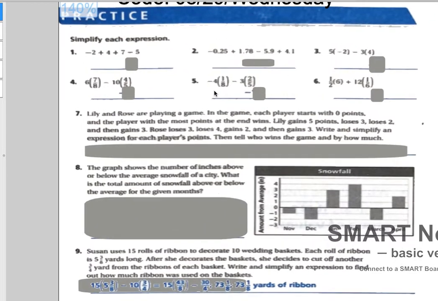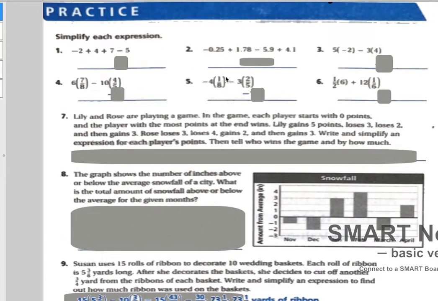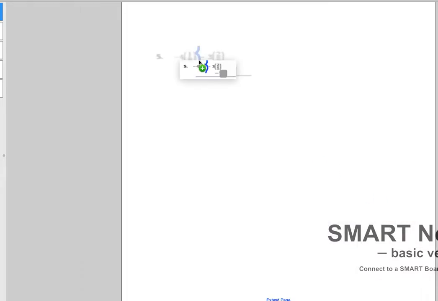So we have -4 times 1/8, and again, I'm going to use a squiggly line. I'm going to simplify that, then combine it. And then we're going to subtract 3 2/5. In fact, I'm going to just give myself some workspace so I can see it better, have more room to work. Okay, so 4 times 1/8, that's going to be negative.